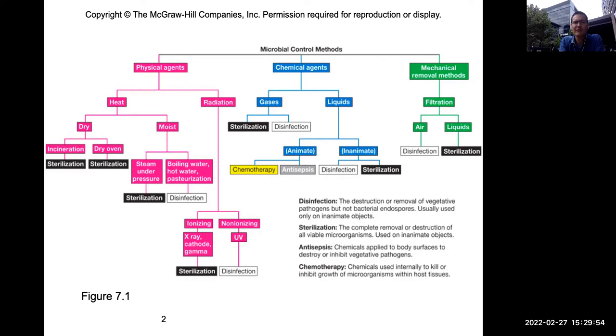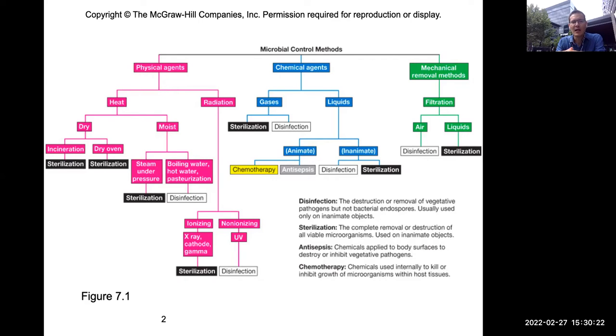So disinfection: what is a disinfectant and what does it mean to disinfect something? That's the destruction or removal of vegetative cells. That means bacteria that are actually viable cells. It doesn't mean to remove spores, so endospores. Endospores are a non-vegetative state of a bacterium, like a hibernation state.